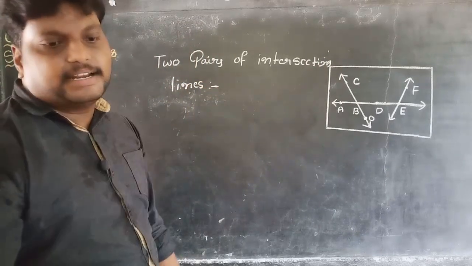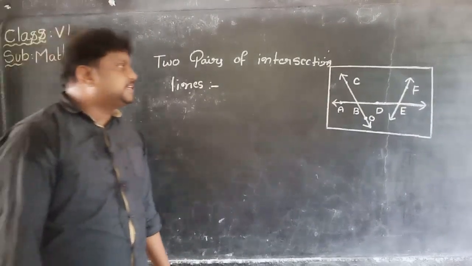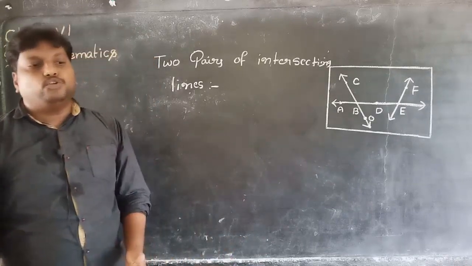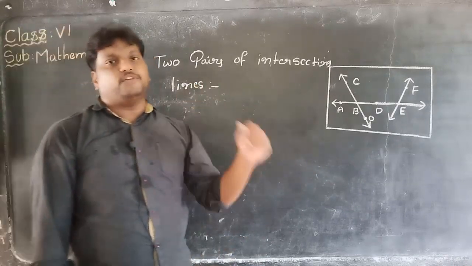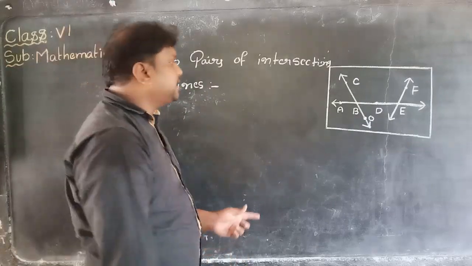What is the meaning of intersecting lines? Any two lines that intersect at a common point are called intersecting lines.